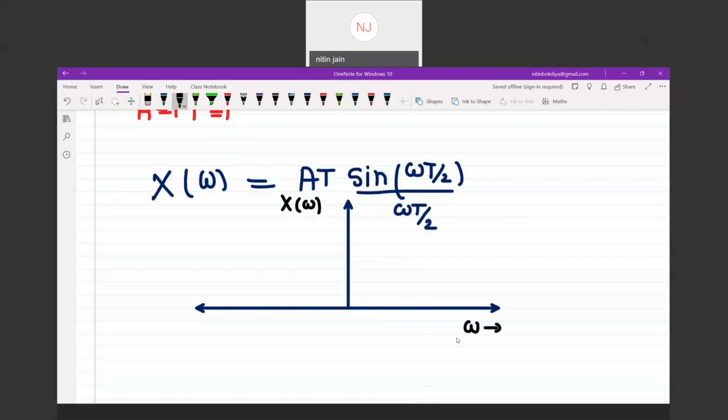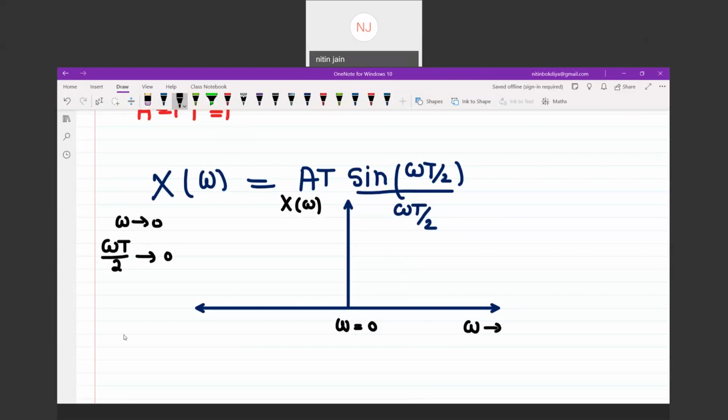So what I can say, the numerator of this function, this is the point where omega equal to 0, and we know that when omega equal to 0, omega into T divided by 2 is also approaching 0.